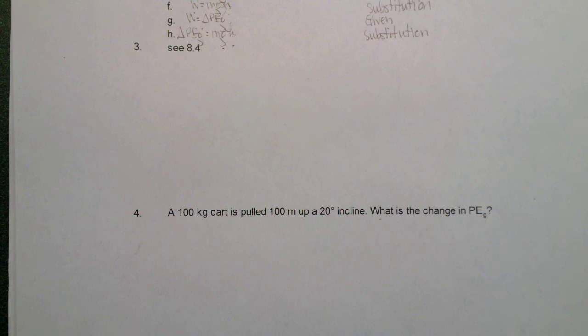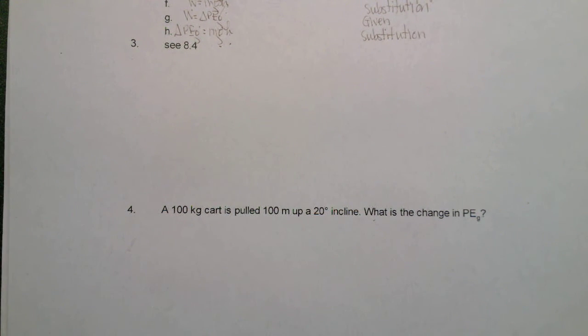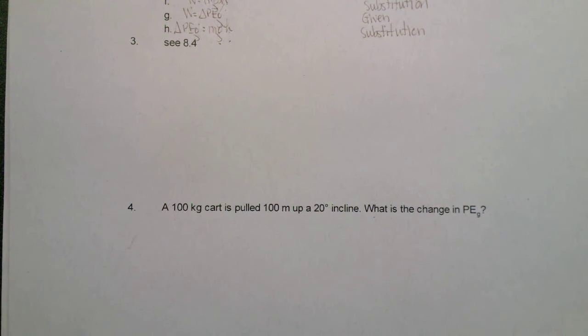If I say to you on a test, give me the derivation for the change in gravitational potential, you ought to be able to do that for me, or give me the derivation for the change in kinetic energy. So we went through both of those, and now we need to jump into an example of how we use the change in potential energy.